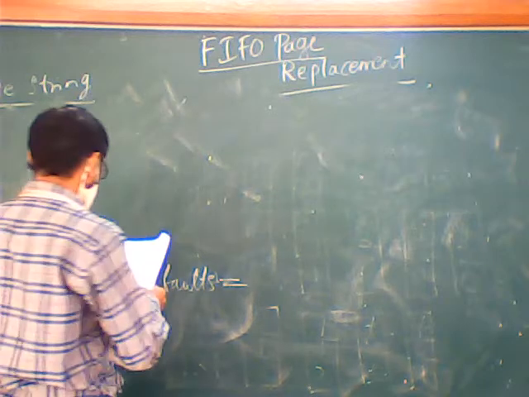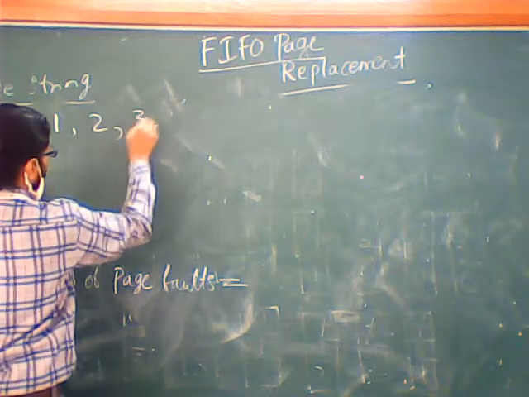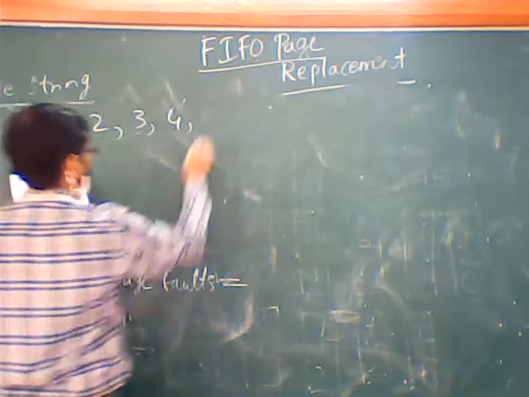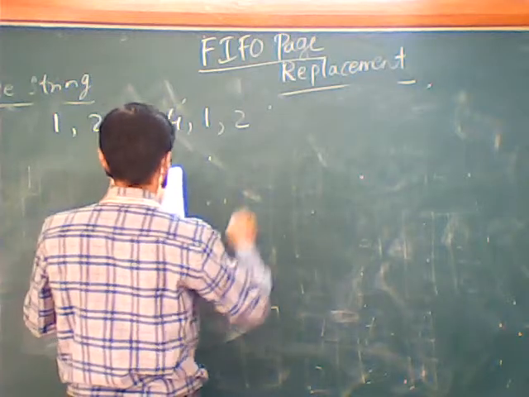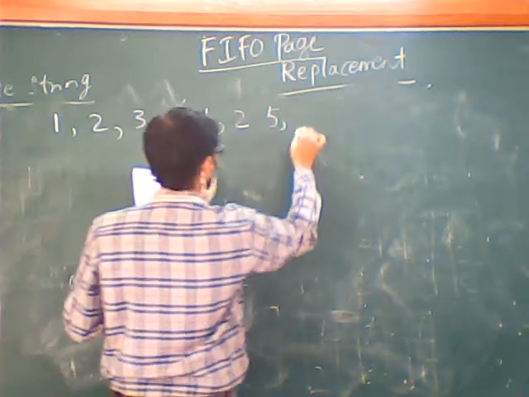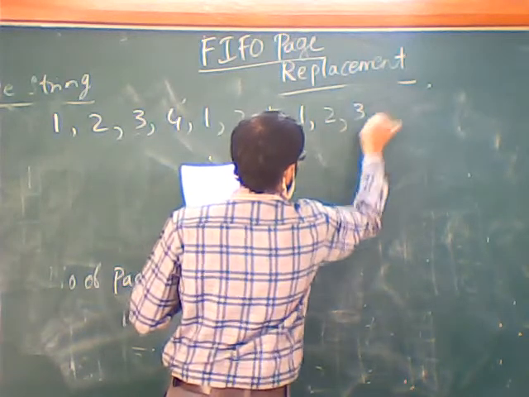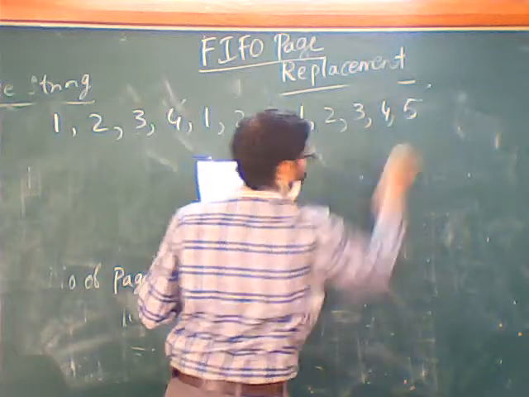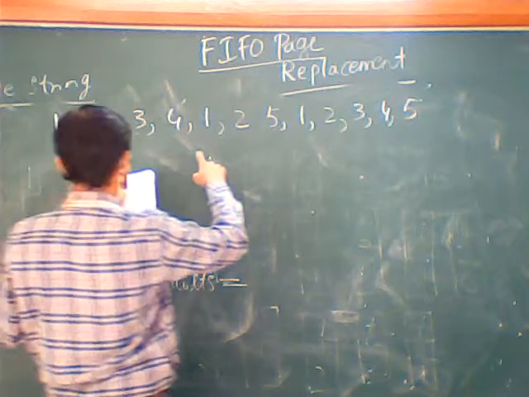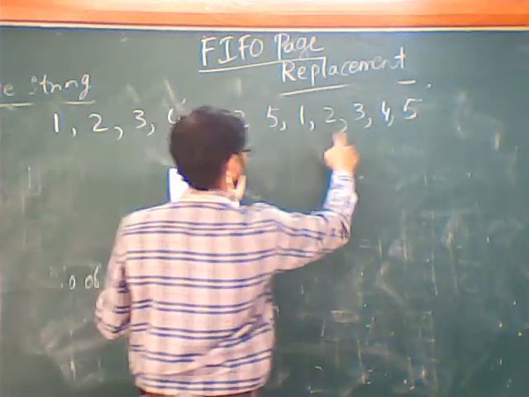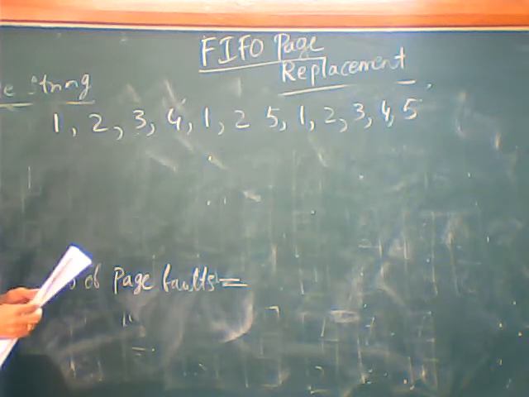Take the next example. The reference string is 1, 2, 3, 4, 1, 2, 5, 1, 2, 3, 4, 5, and the frame size is the same, 3.